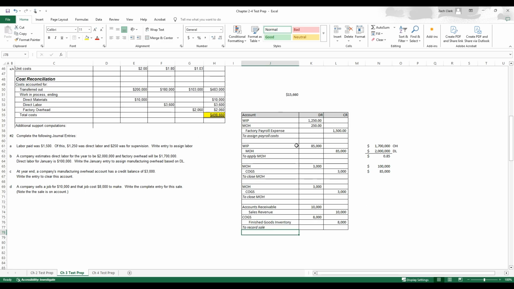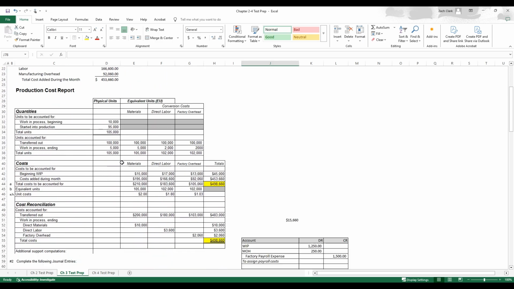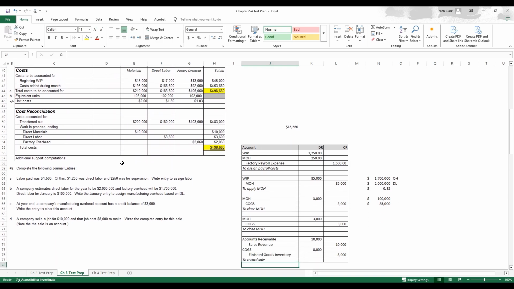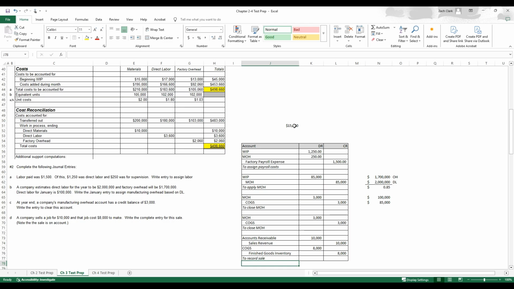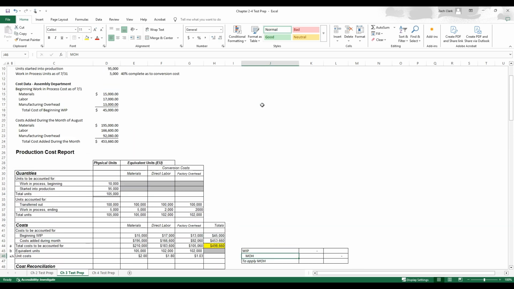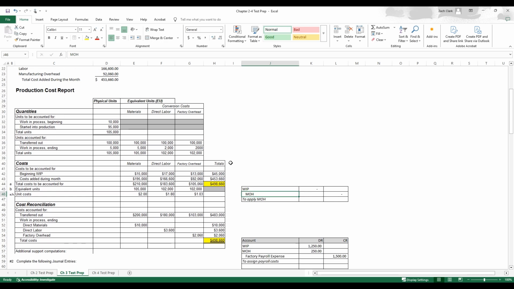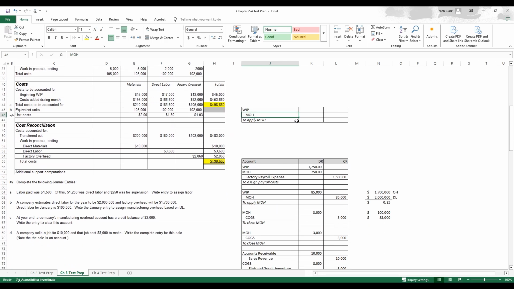Again, these journal entries here don't pertain to the process costing report that we finished above, but they're just important things to know. The one highlight I will say that is unique to chapter 3, and it doesn't ask us to do this, but just for the heck of it, if we are the assembly department, and let's assume there's the packaging department, for example.